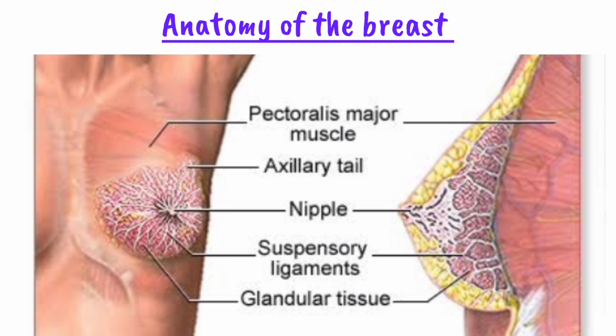While both males and females possess breast tissue, its development and function differ significantly due to hormonal influences. So, understanding the anatomy of the breast is essential for medical professionals, particularly those in the fields of oncology, surgery, and radiology, as conditions such as breast cancer and mastitis are common health concerns.